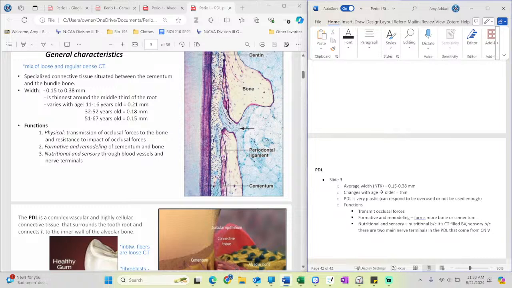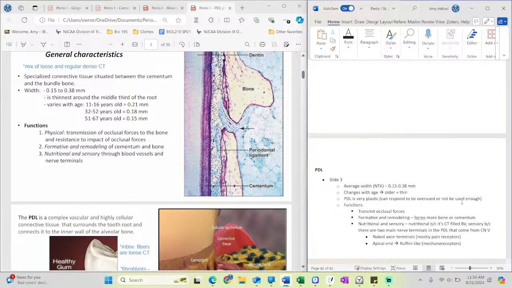The two more abundant are naked axon terminals, mostly pain receptors, and the second type, concentrated in the apical end, Ruffini-like, which are mechanoreceptors.